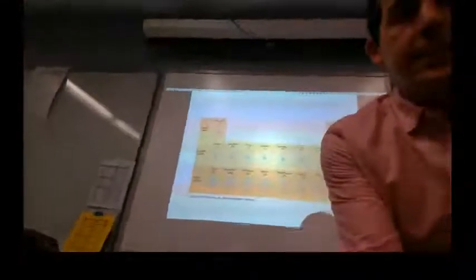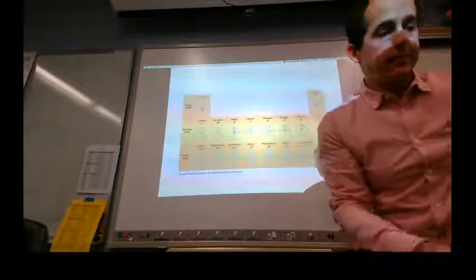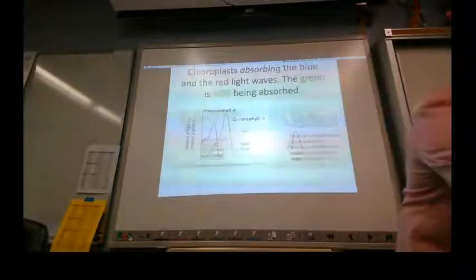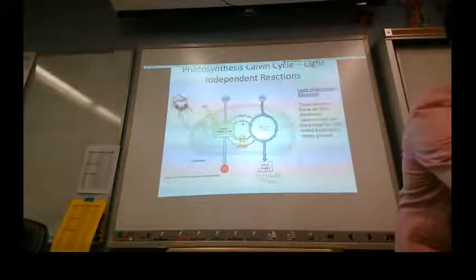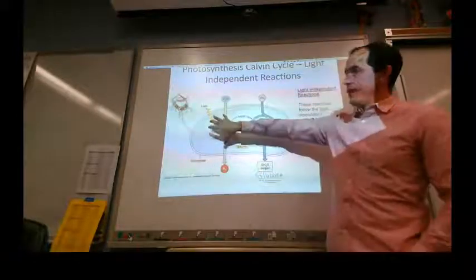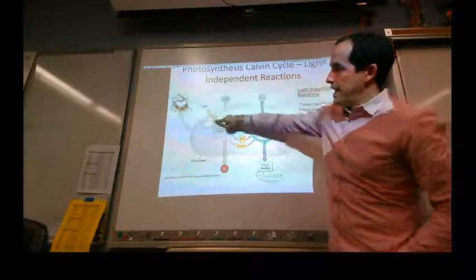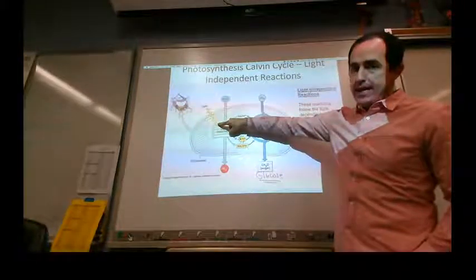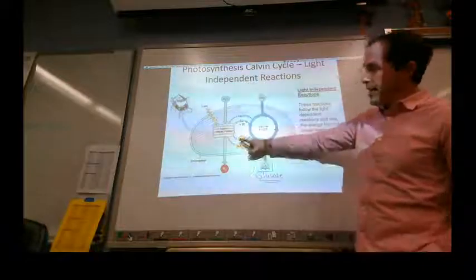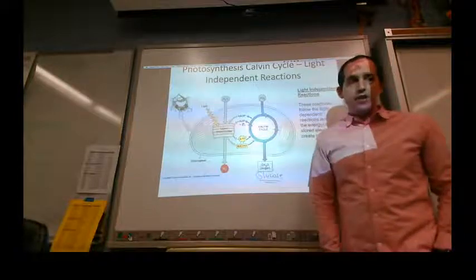So let's take a step back for a second and think about what we've seen so far. We have the 2 major parts of photosynthesis. We have the light-dependent reactions, where we're taking in water and energy from light to ultimately create ATP and NADPH and a byproduct of oxygen.